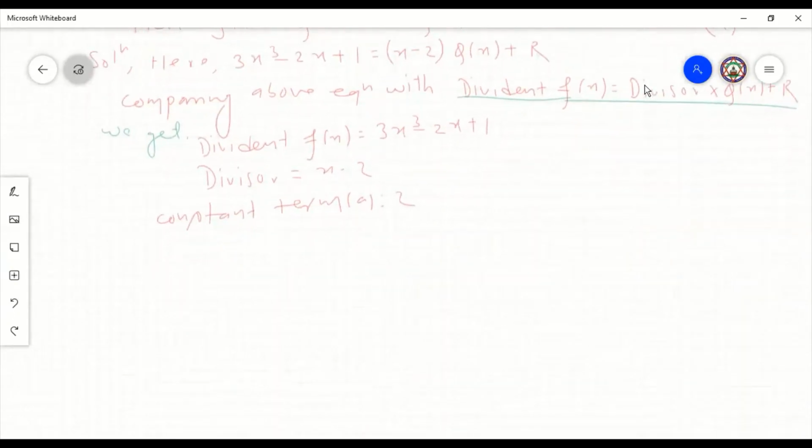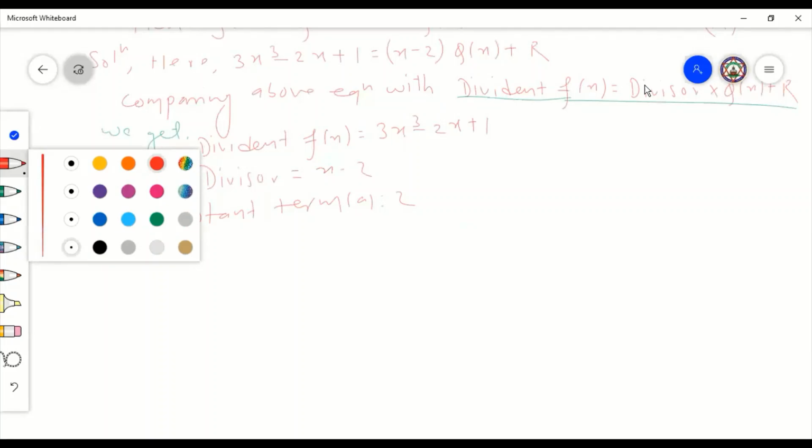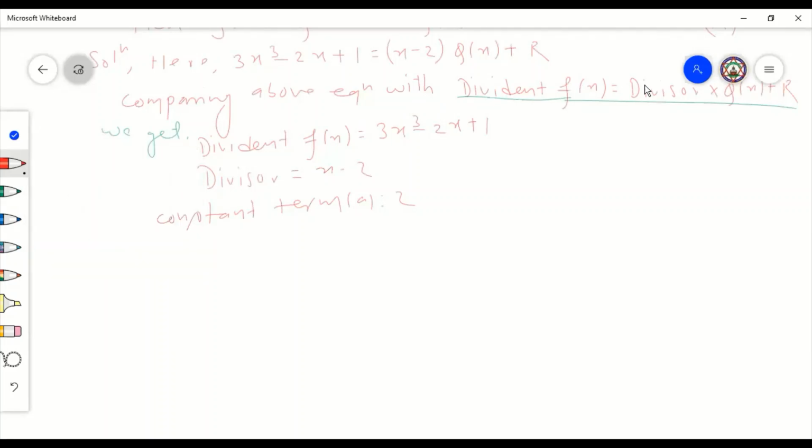By using synthetic division now in this part, to use synthetic division here, you must first take the constant term.